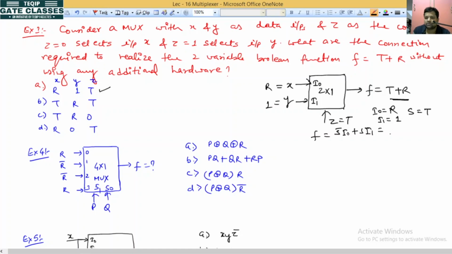So what will be the value? It will be t bar, I0 is r, plus s means t, I1 is 1. So if you solve it, it will be t plus t bar r. Now apply a plus a bar b, so you will get t plus r. So which option is correct? First option.